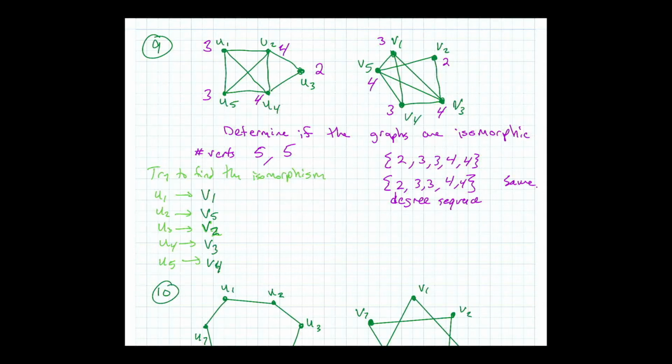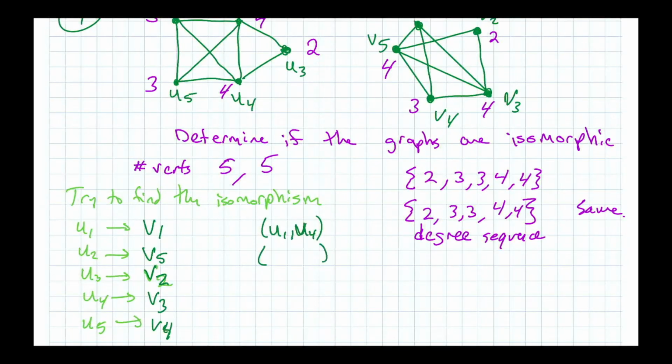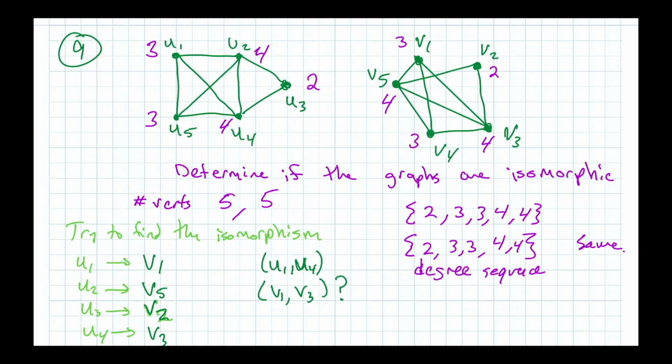From the mapping down here, U1 is supposed to be V1, and U4 is supposed to be V3. And that's a question: is there an edge between V1 and V3? So you come over here and say V1 is here, V3 is here. Yes, there's an edge there, right? So that edge is in both graphs, U1 to U4 and V1 to V3.